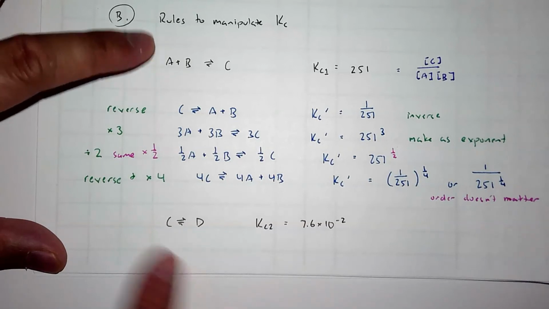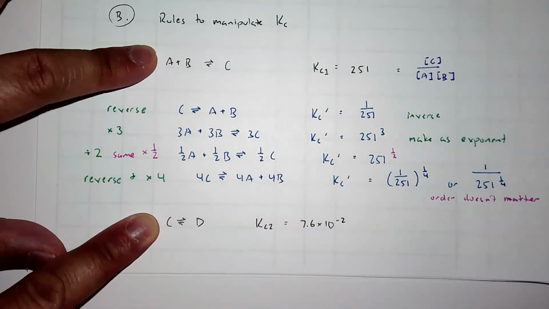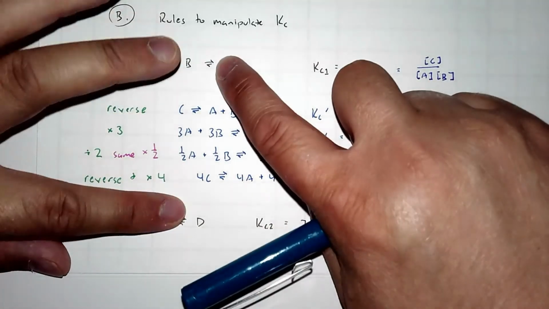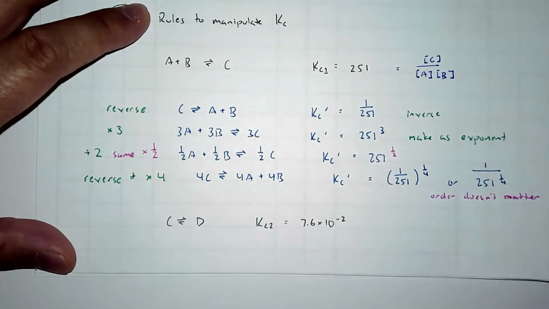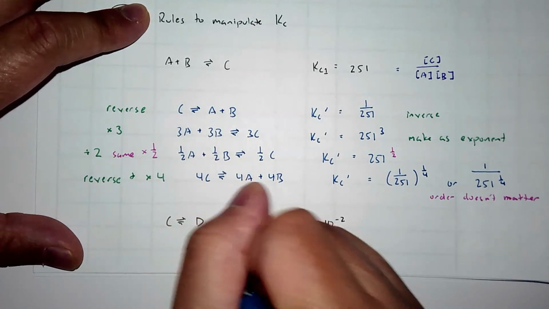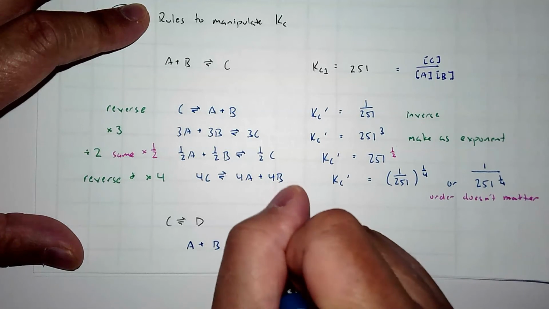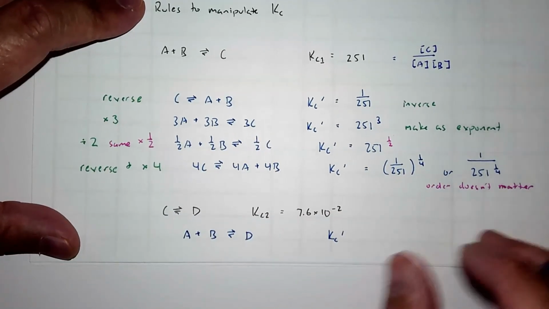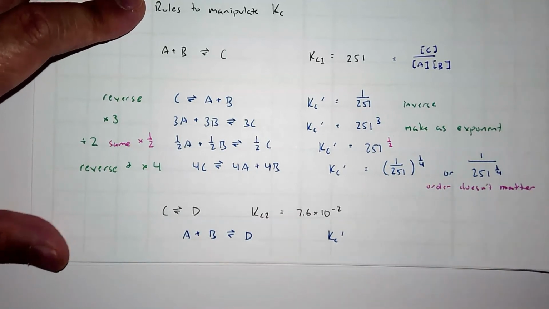So if I want to add those two, no manipulation, just adding those two, you see how the C's cancel out? So I get A plus B goes to D, and we can get a new Kc prime. We added the reactions.